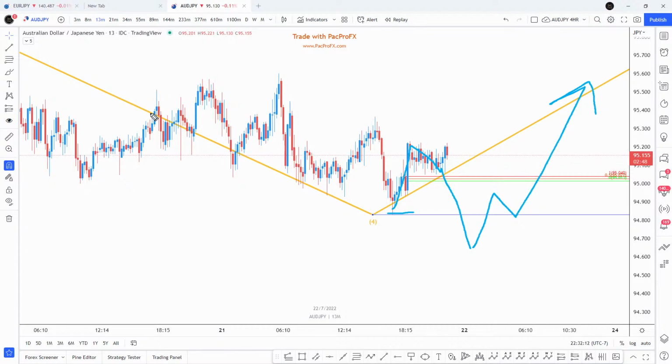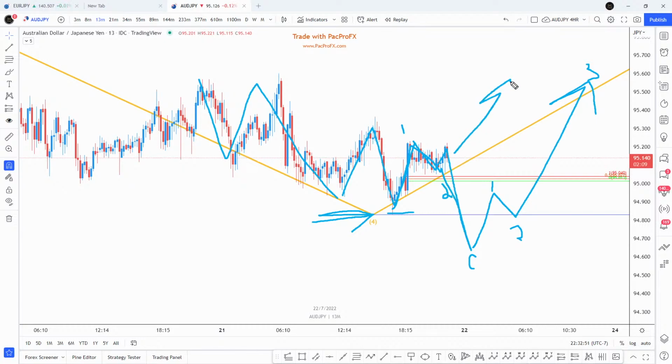And then the pattern becomes like, let's say that this was A, B, C of A, and then you have a B, and then you're going to have A, B, C of C. So this is now your C, and this is your 1, 2, 3. You see how I fixed that? That's what will happen if this gets blown out. But right now, this is your 1, this is going to be your 2, and then this is going to be all the way 3.